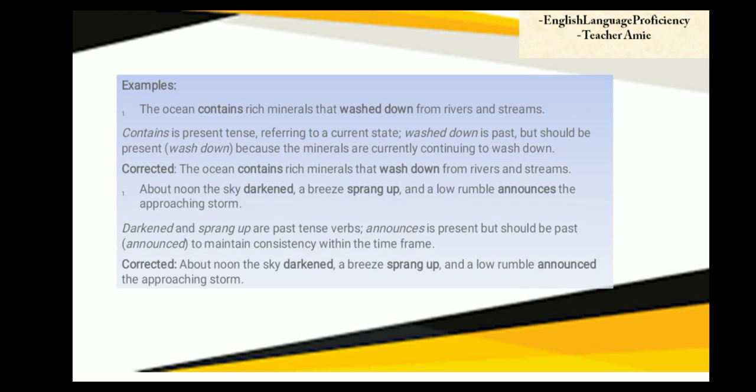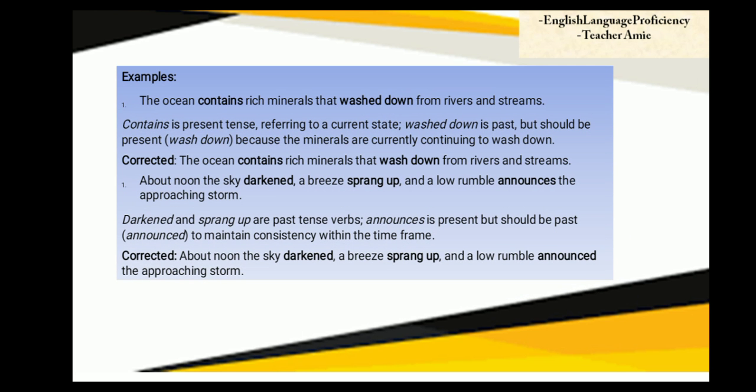So, we have here examples. The ocean contains rich minerals that washed down from rivers and streams. So, para din siyang faulty parallelism or parallelism, only that this is referring to the tense of the verb. So, when you try to observe the sentence, ang nakasulat dyan sa una ay contains.